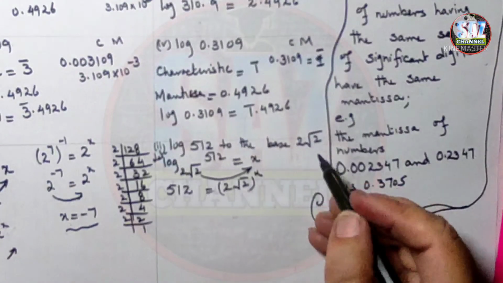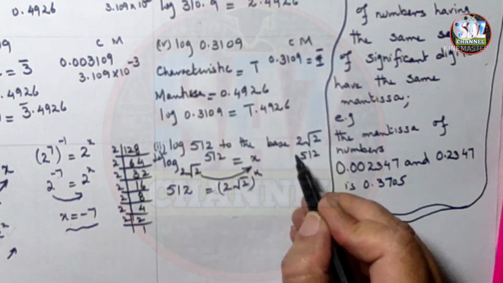Now I have to make the prime factors of 512 carefully.